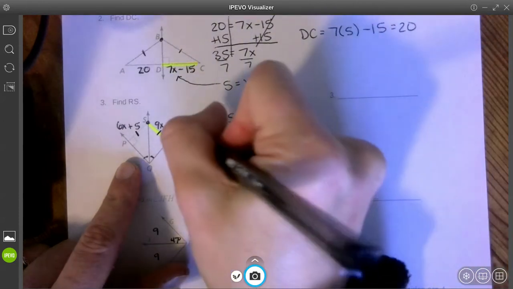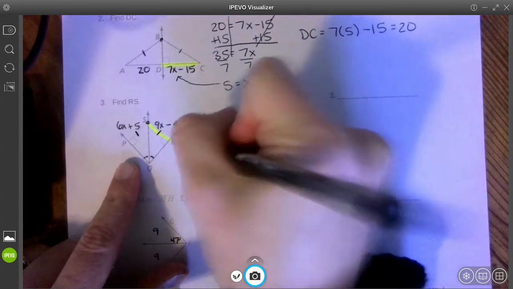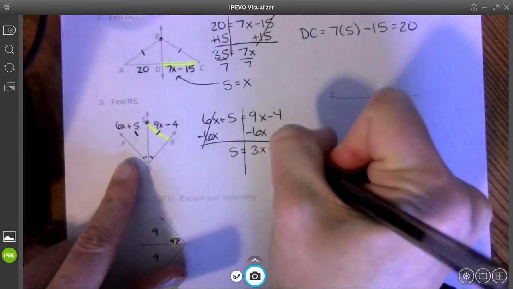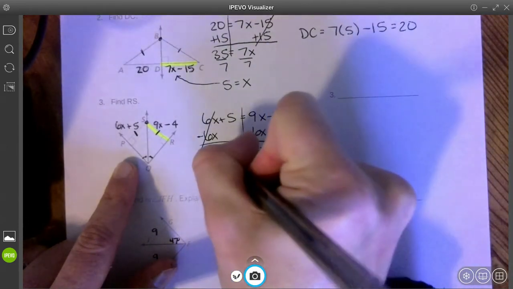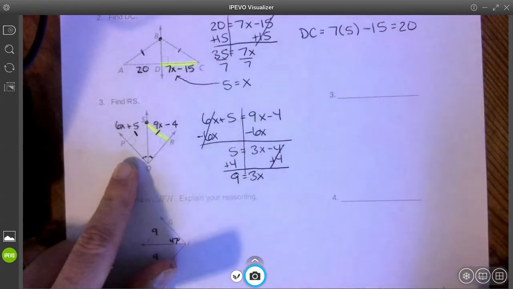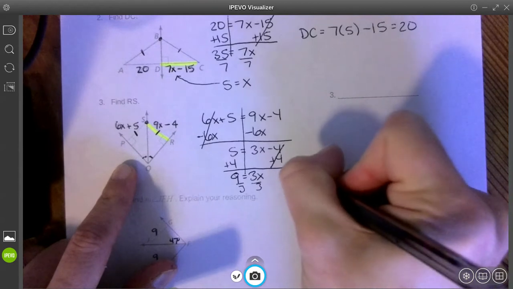I need to get all the x's to one side, so I'm going to subtract 6x here. Add 4 to both sides. And then divide both sides by 3. And I get that x is equal to 3.